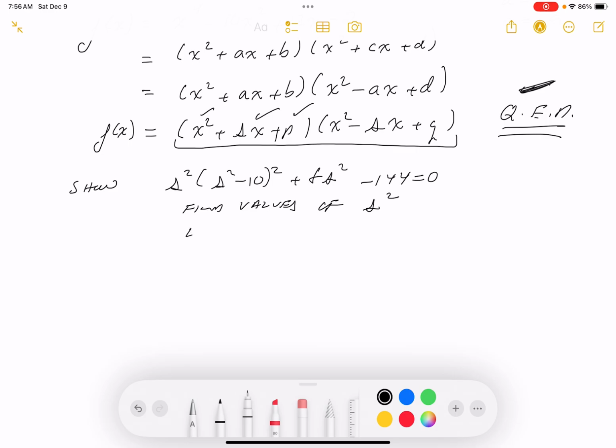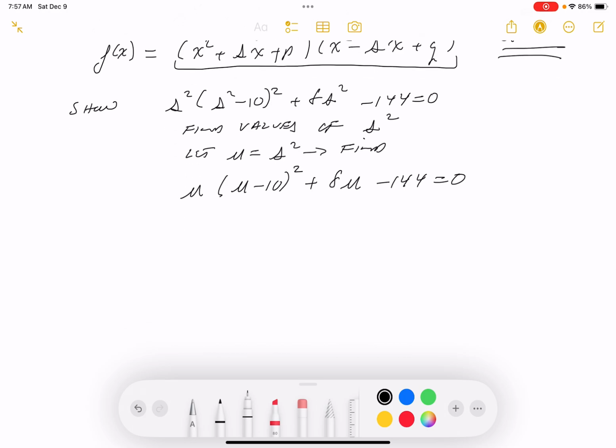So I'm going to say let u equal s squared. So you would get u minus 10 squared plus, by the way, we're trying to find this. So really we're trying to find u. Plus 8u minus 144 is equal to 0.